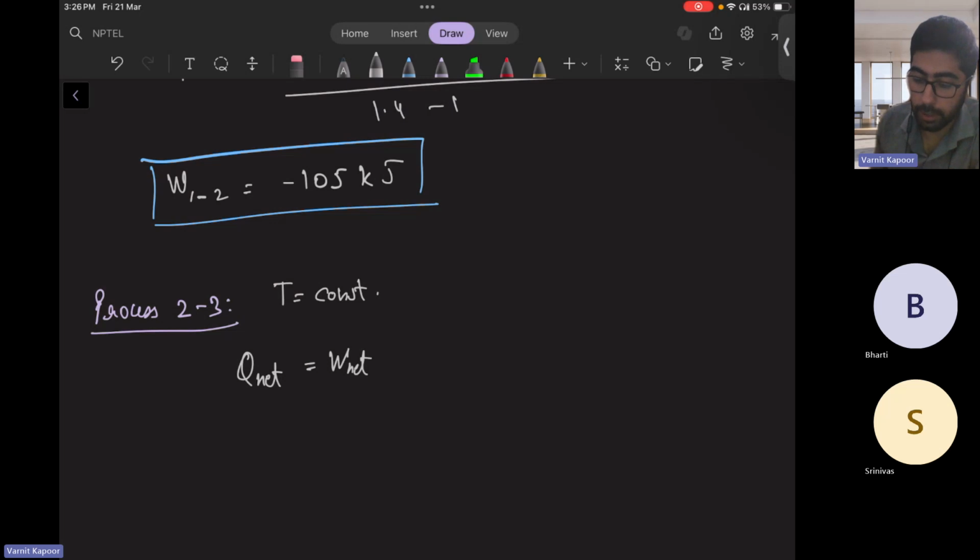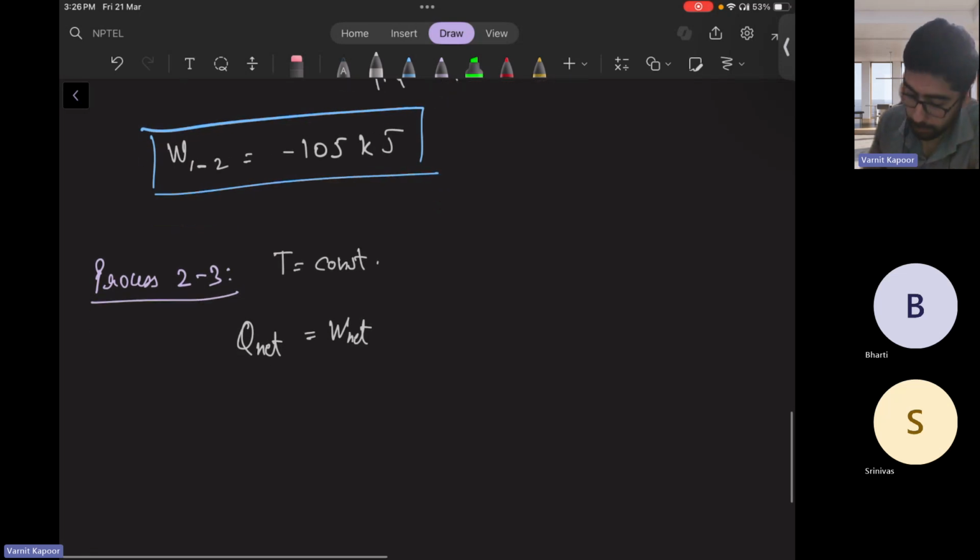So how will you get the work net for the process 2 to 3? That's the challenge. You tell me.